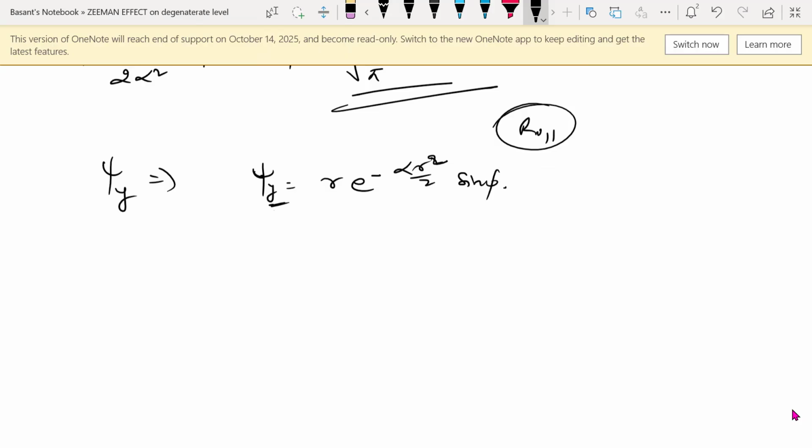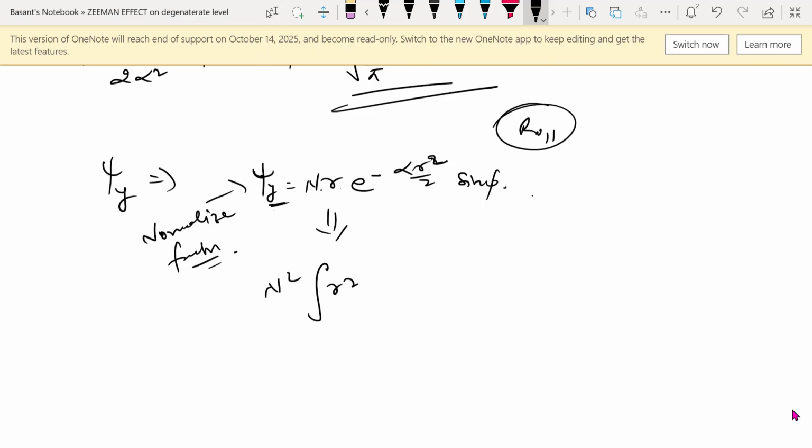Okay. So psi y is equal to this much. Now for normalization here, if this is a normalized function, I put N here, and this becomes N square.